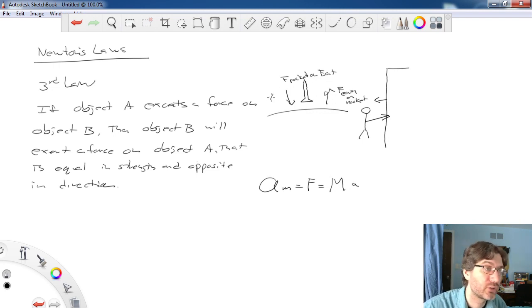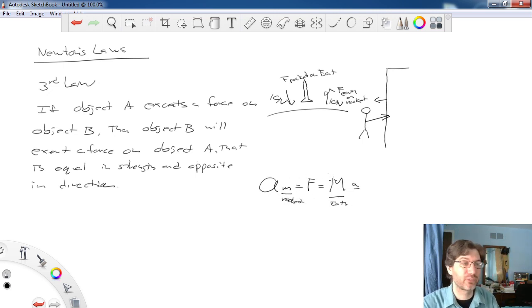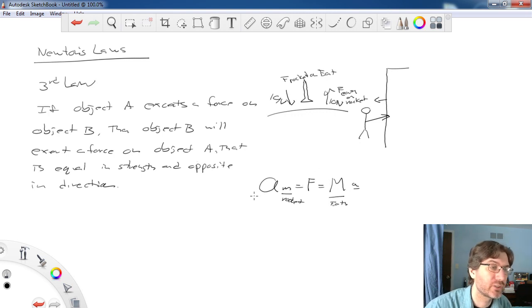So if the rocket pushes down with 10 newtons, the Earth is going to push up with 10 newtons. The forces are the same. Acceleration is going to be different because the mass is different. Earth has a large mass, so it's going to have a very small acceleration. You're not even going to notice the Earth accelerating. However, the rocket has a small mass, and therefore, in order to make up for the force, it's going to have a large acceleration.